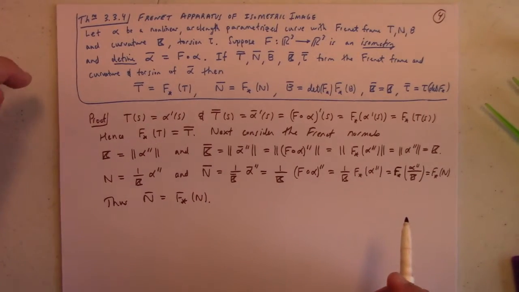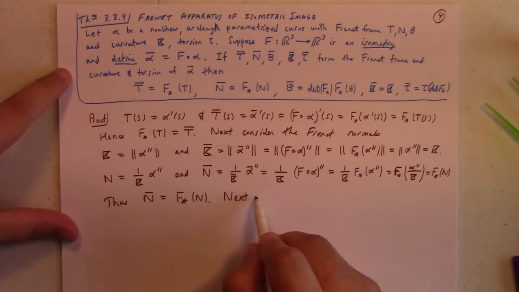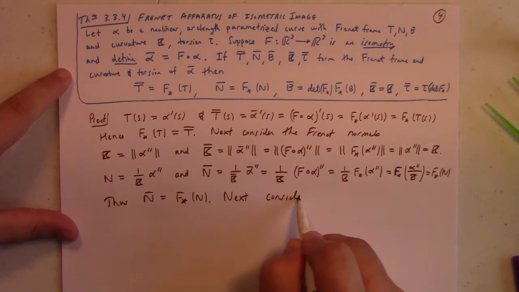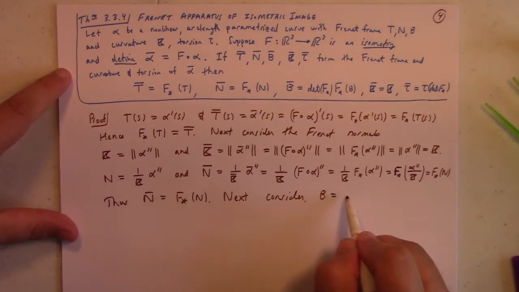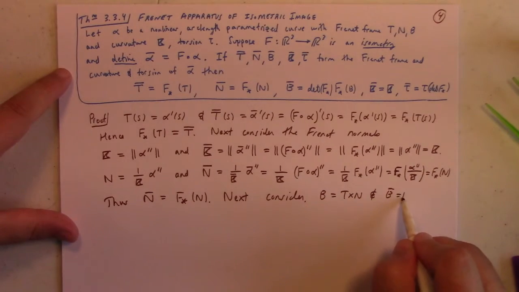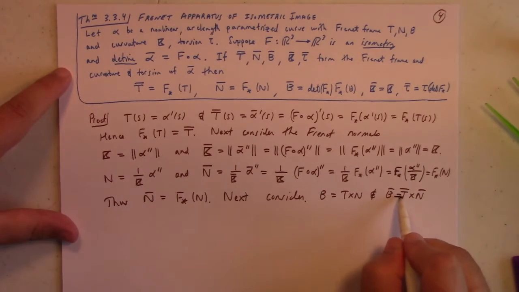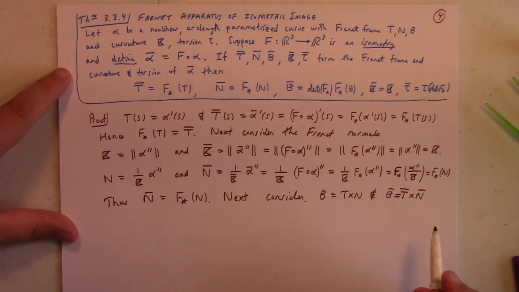That leaves us the binormal and torsion. So next, consider B equal to T cross N, and B bar equal to T bar cross N bar. That's the definition of the Frenet frame.